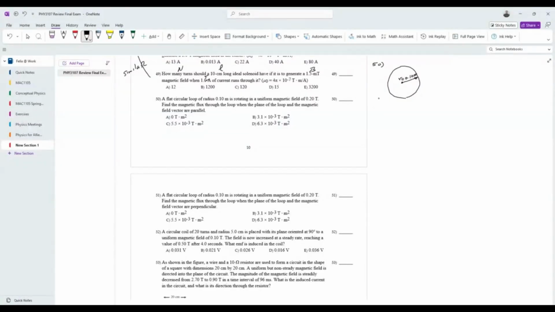So they want to find what is going to be the magnetic flux through the loop when the plane of the loop and the magnetic field vector are parallel. So you have your loop, this is the plane of the loop, and now the magnetic field vector is parallel to this plane of the loop.